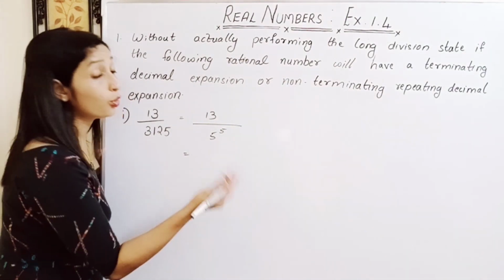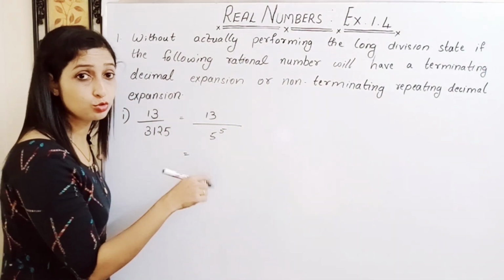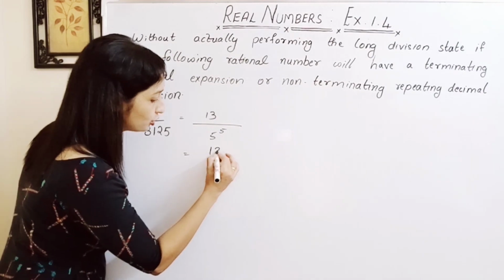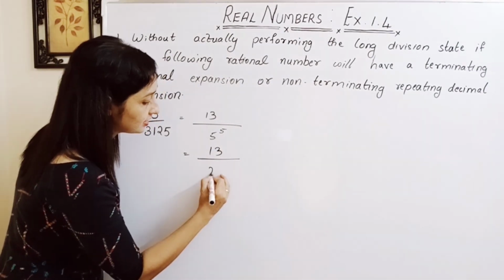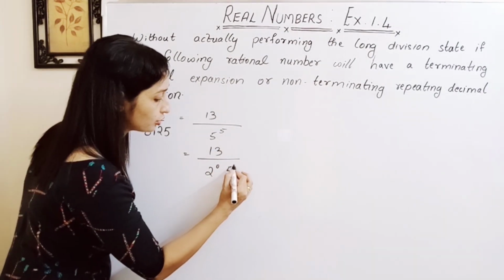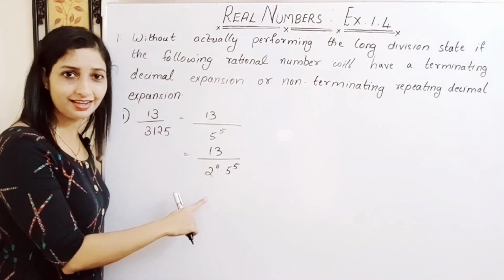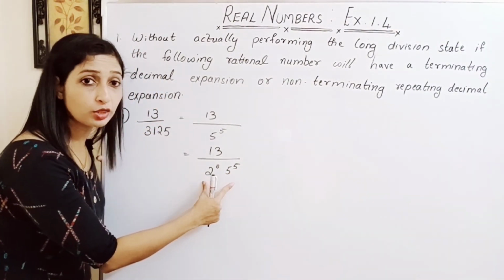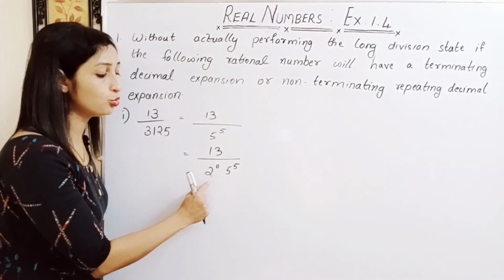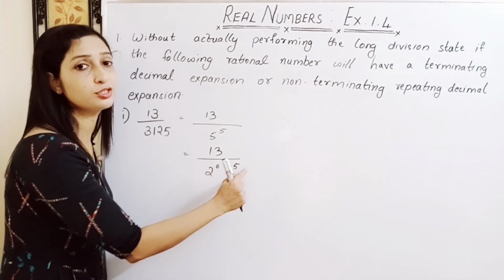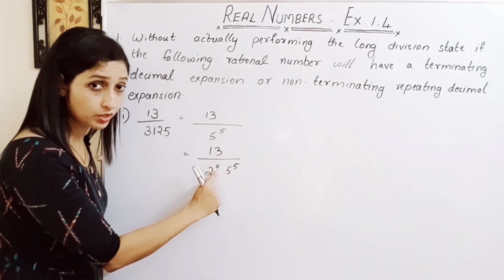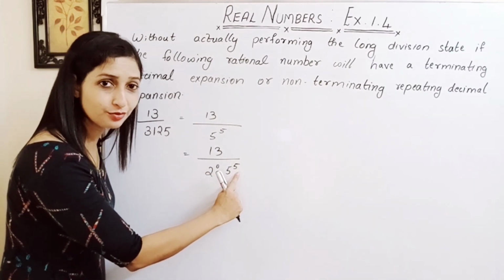Now I want to bring the 2 also in the denominator. So what do I do? I can write it as 13 by 2 raised to 0 into 5 raised to 5. Isn't it correct? And now we have got the denominator in the form 2 raised to n into 5 raised to m, where n is equal to 0 and m is equal to 5.